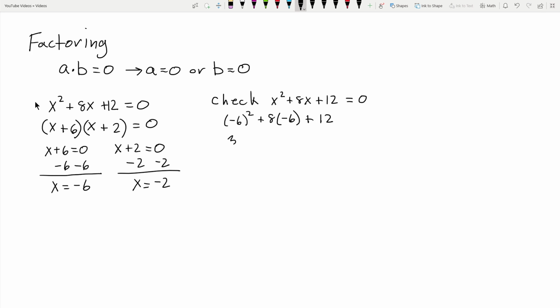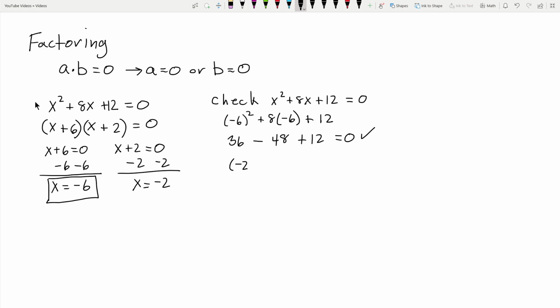So that is 36 minus 8 times 6 is 48 plus 12. And that does indeed equal 0. So that one checks. So I know that x equals -6 is one solution.